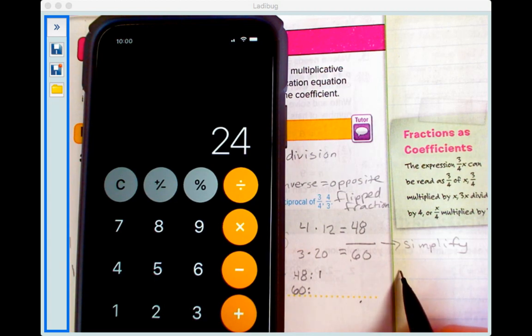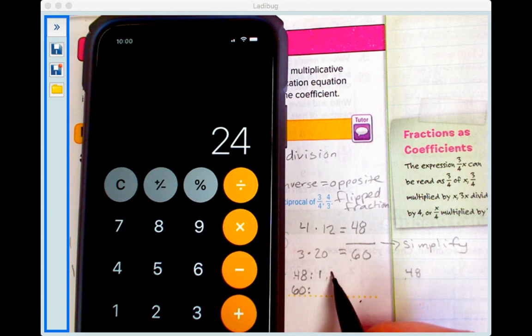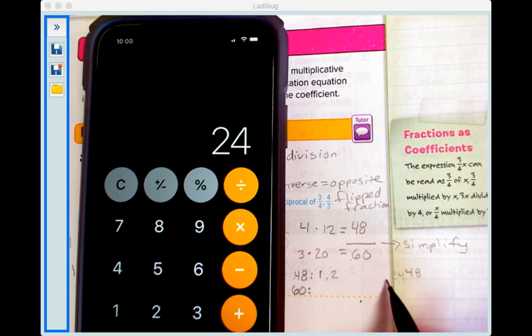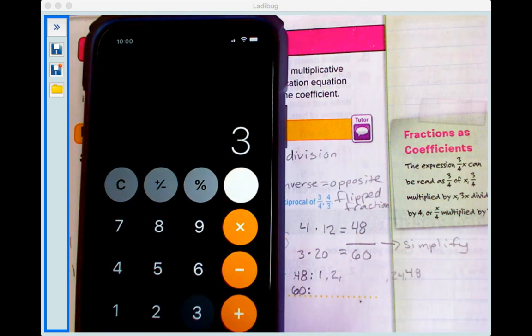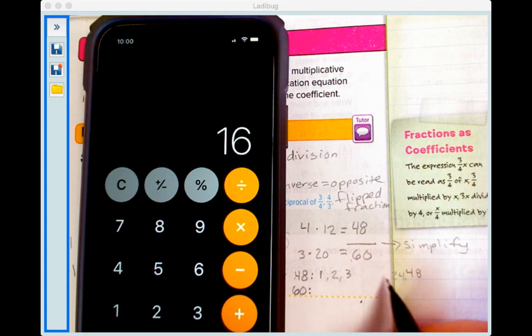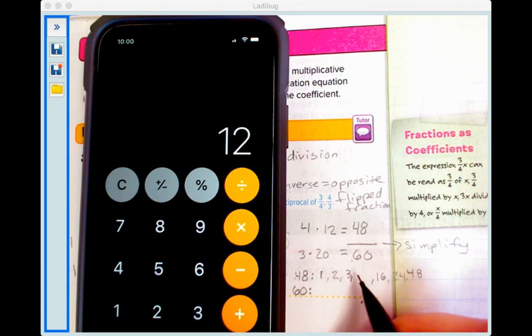So you know it goes 1 and 48. You know it goes 2 and 24. 48 divided by 3 is 16. 48 divided by 4 is 4 and 12.